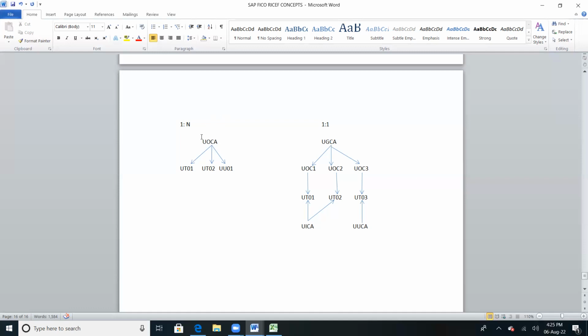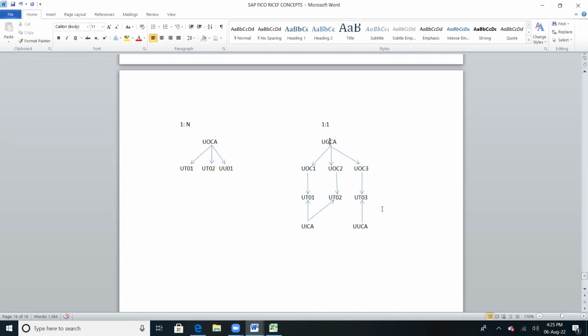In 1:1, you need to create one group chart, and that has to be linked to individual operational chart of accounts as per the requirement, and that can be assigned to individual company codes. Clear? It's very important.